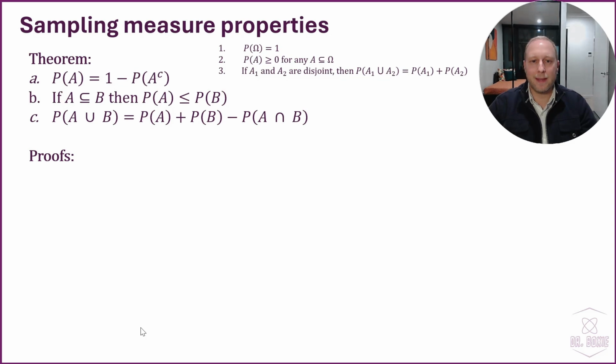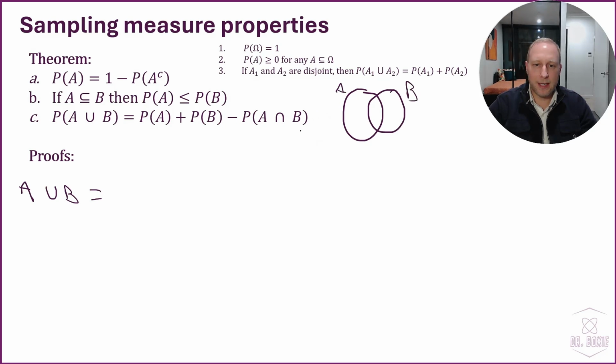For part C of the theorem, we will use different ways of writing those events in that expression. So first of all, I want to rewrite the event A or B somehow. Remember, if we take A and B to be those two events represented graphically, A or B is simply all of it.